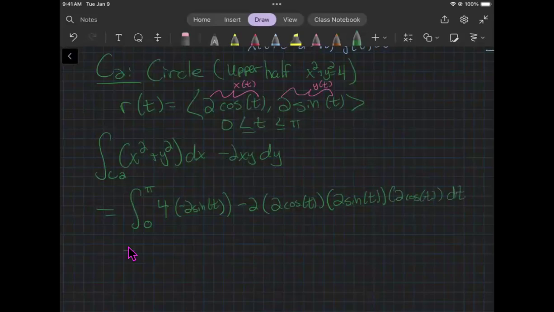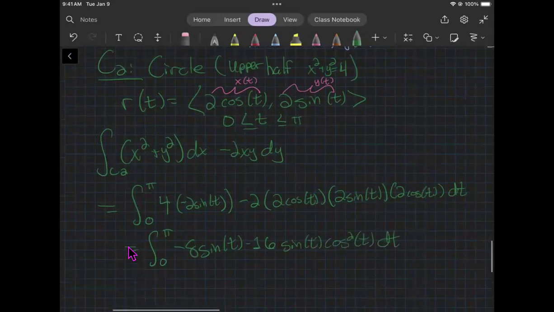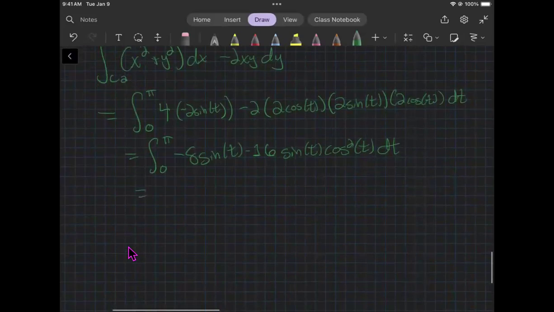Okay, and if we simplify this, this would be the integral from 0 to pi of minus 8 sine t, and then a minus 16 sine t cosine squared t dt. And I can simplify this even further.